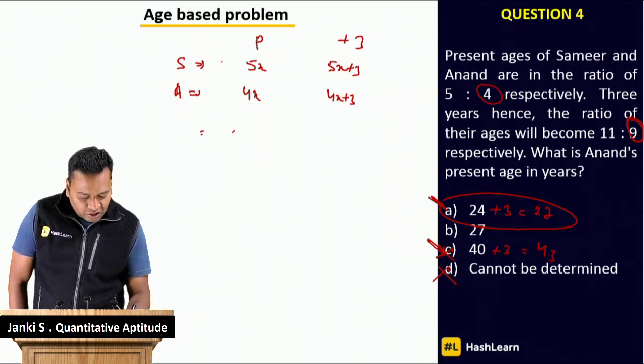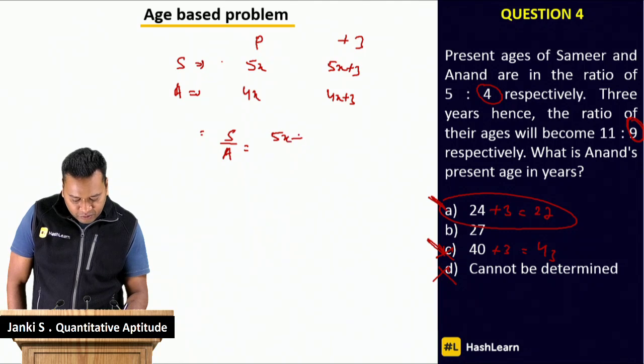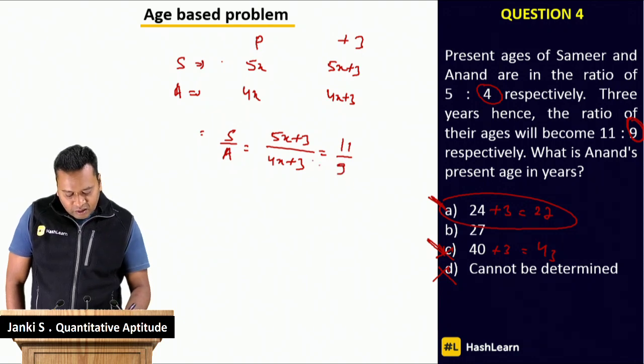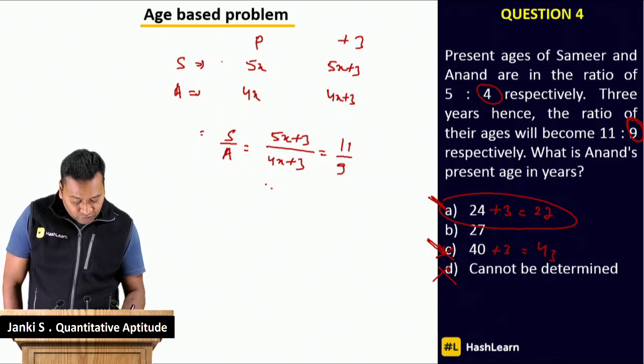Now 3 years hence, Samir's and Anand's ages are in the ratio of (5x plus 3) divided by (4x plus 3) equal to 11:9. So what is this value?